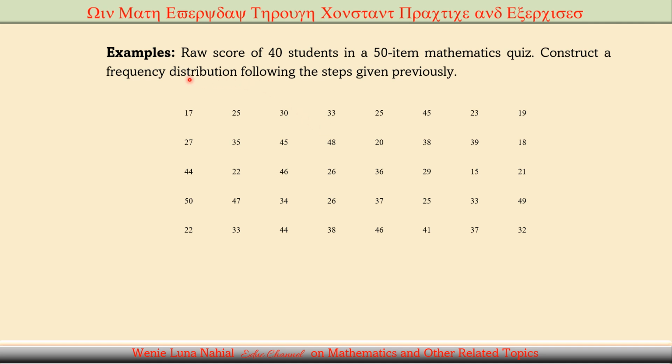Now, an example here. Raw scores of 40 students in a 50-item mathematics quiz. Construct a frequency distribution following the steps given previously. So, you have the scores of the 40 students. Here you have to find out the highest score and the lowest score.